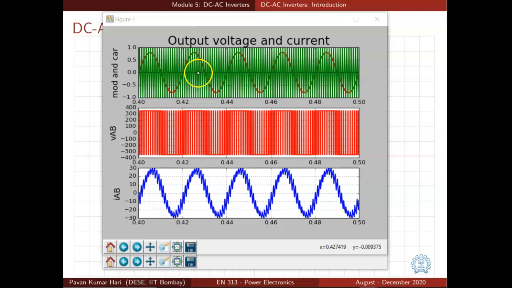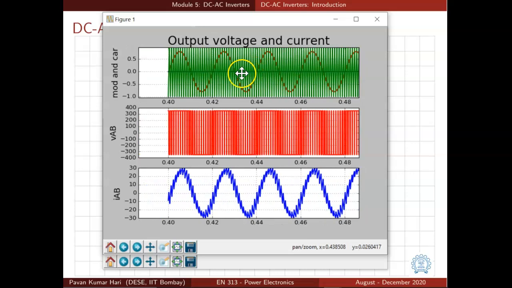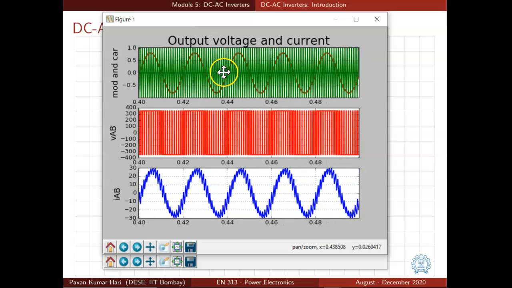So we have a modulating signal shown in the first figure, the red one, and the carrier also shown in green color. As you can see, the red modulating signal has much lower frequency than the green carrier signal. And how does VAB look? VAB has variations from minus VDC to plus VDC. It is always bipolar.